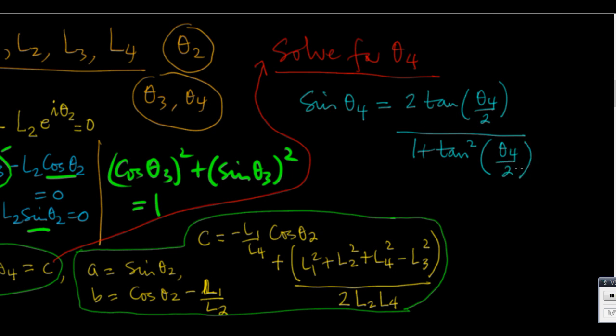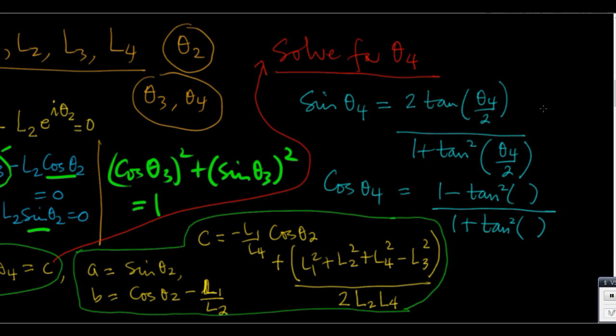And similarly, cos theta 4 is equal to 1 minus tan square of that same thing, theta 4 by 2, over 1 plus tan square of theta 4 by 2. See the book.